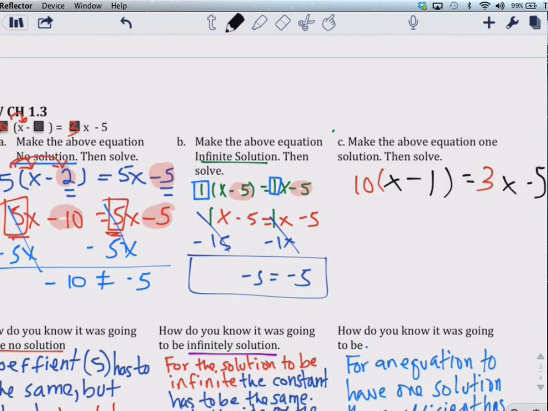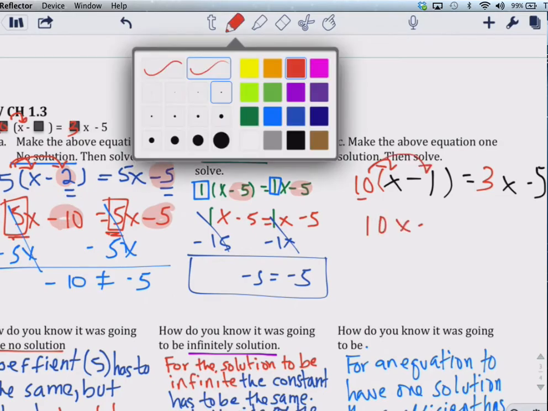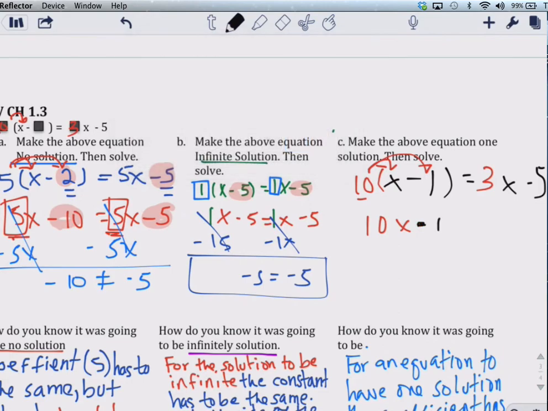The other number can be whatever, so I'll just put a 1. So if you solve this, the main part is the coefficient. That's 10x minus 10 equals 3x minus 5. Okay, you got that?